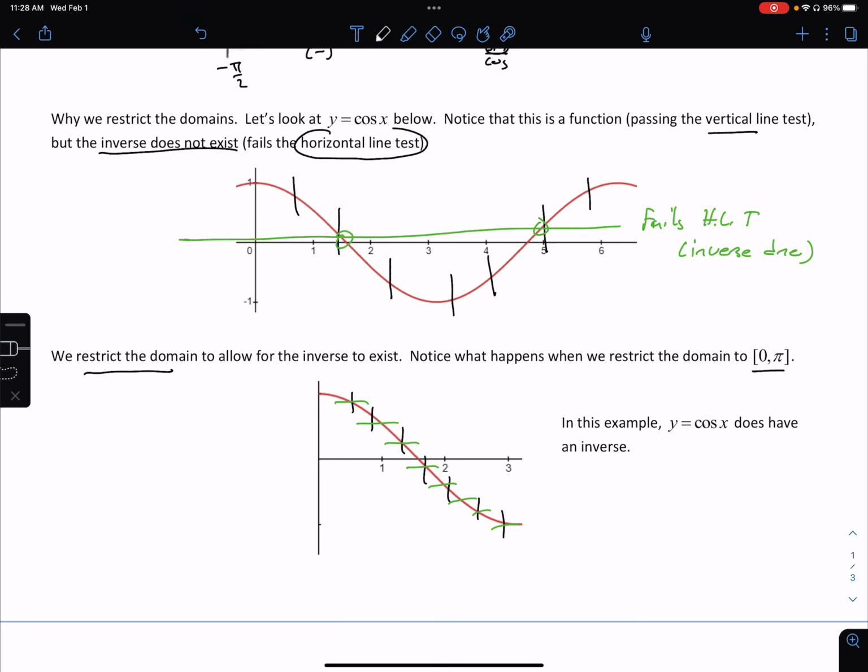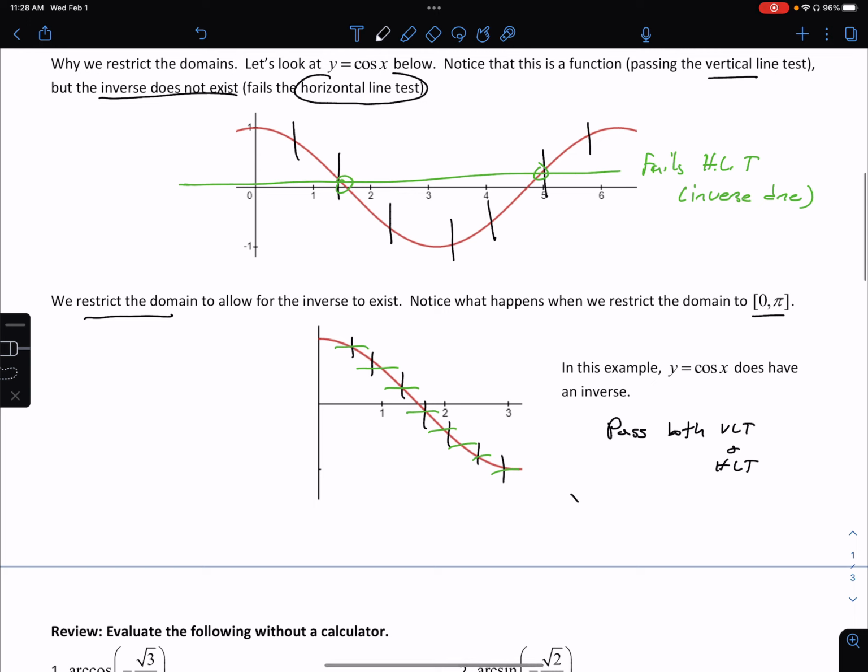And now this has an inverse, so therefore the inverse does exist because we passed both the vertical line test and the horizontal line test. And all this means is that when we get an answer, this is going to guarantee only one solution. And that's really what we want. Like if I say, hey, what's your name? You shouldn't give me multiple names.